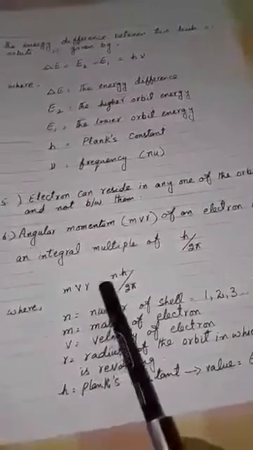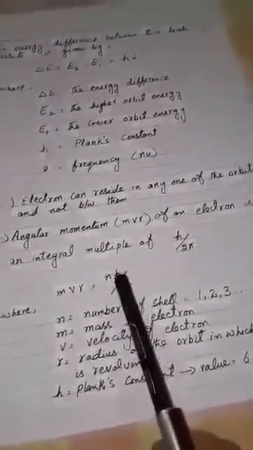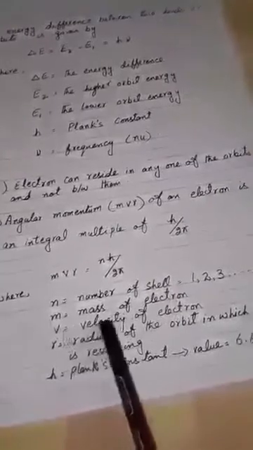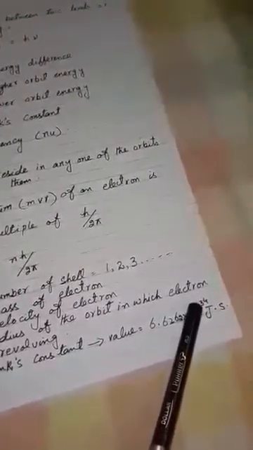It is an integral multiple of h by 2 pi, and we multiply it with n. n is the number of the shell, first, second, third and whatever. m is the mass of the electron, v is the velocity of the electron, r is the radius of the orbit in which the electron is revolving, and h is Planck's constant, and its value is 6.6262 multiplied by 10 raised to power minus 34 joules per second.